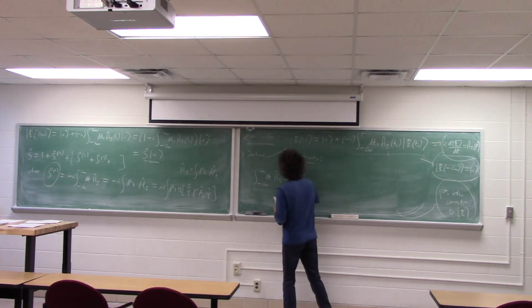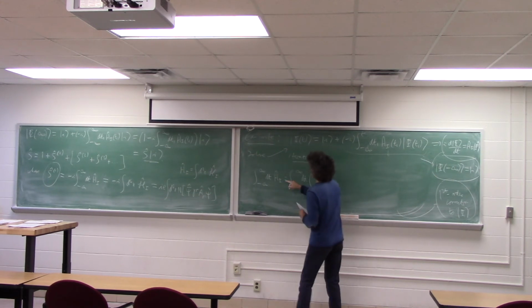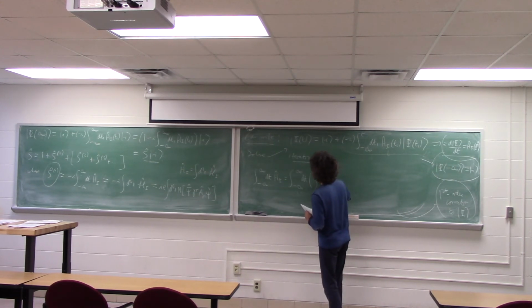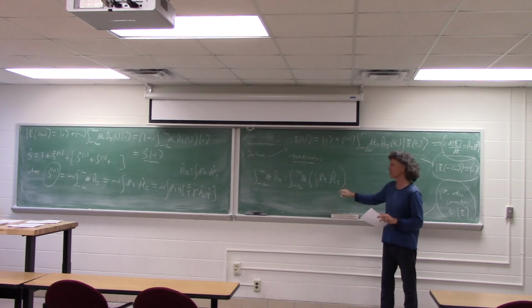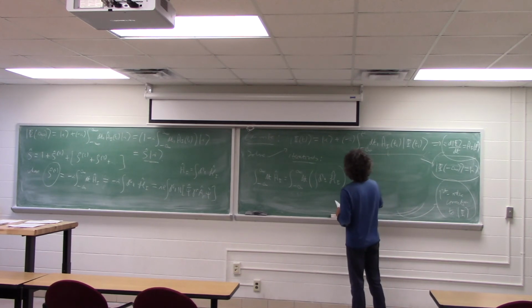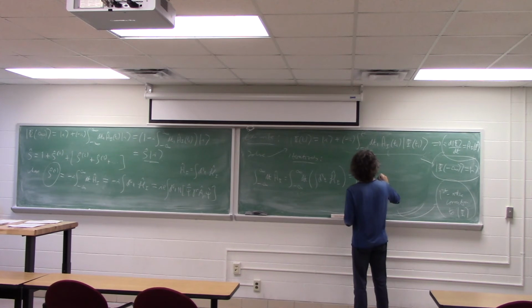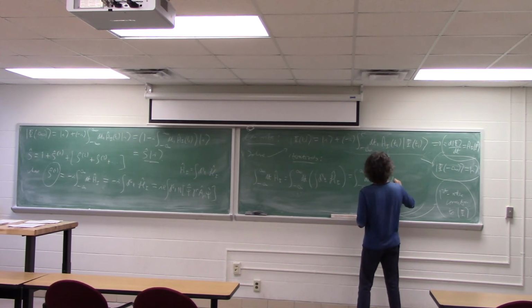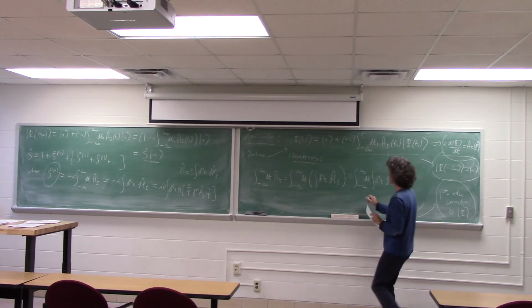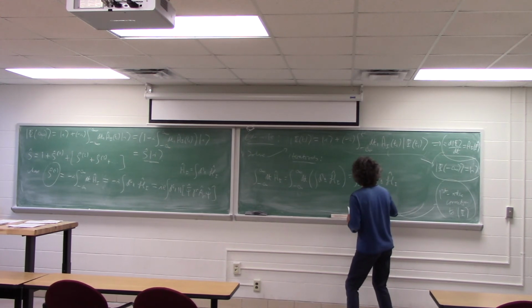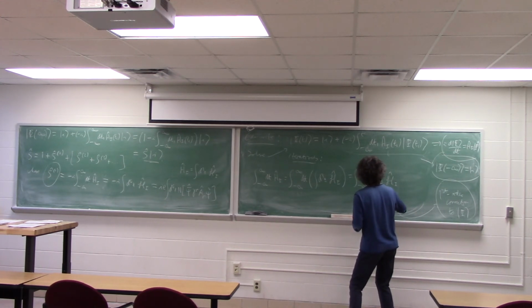Now, the interaction Hamiltonian can be written as an integral over space of the interaction Hamiltonian density. So this is then just a time and a space integral. So I then have this here.